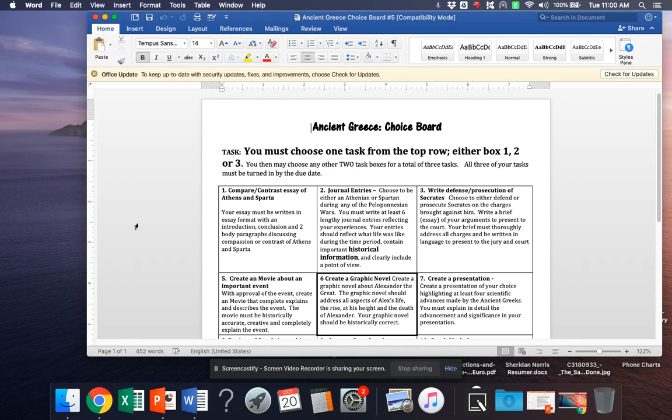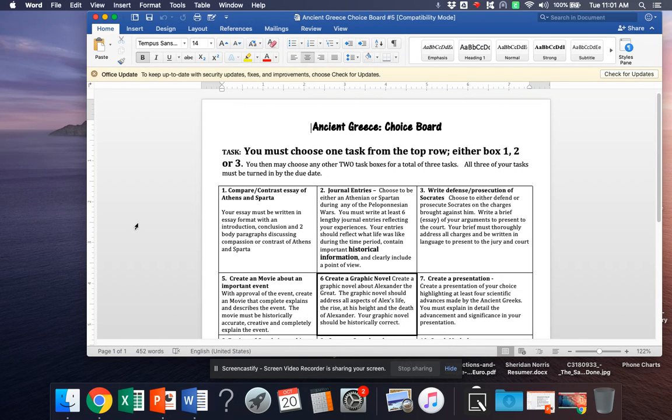So if you're a Spartan woman during the Peloponnesian War, you have a lot of responsibilities as opposed to an Athenian woman. An Athenian woman can't leave her house without an escort or a guardian. A Spartan woman takes over and runs things. So you can choose that, or obviously you can choose to be a warrior in the Peloponnesian War.